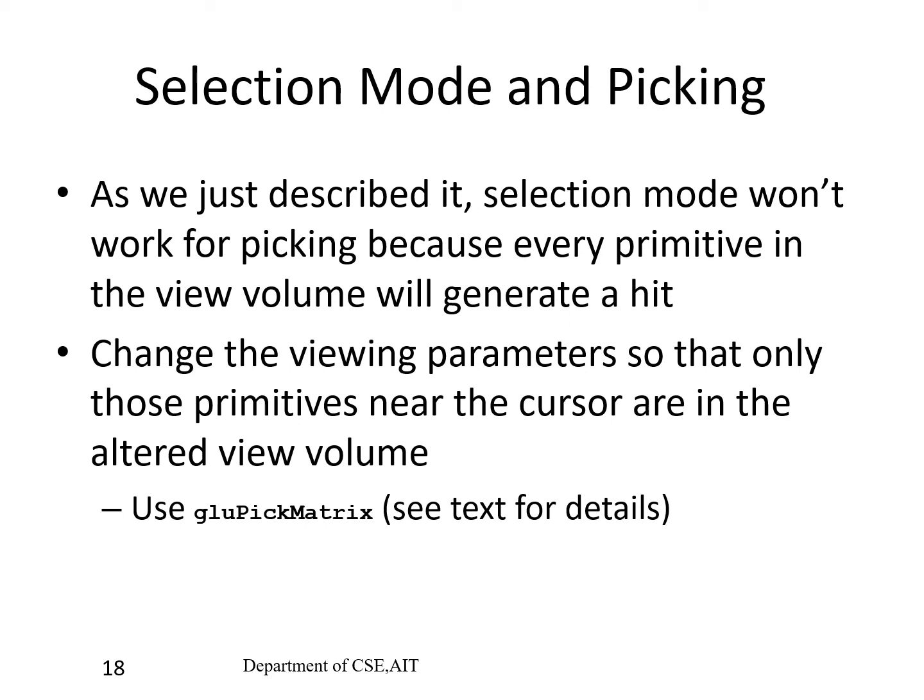Given the viewport, the location of the cursor, the size of the rectangle and the clipping window, we can find a new clipping window such that all the objects in the new clipping window are going to render into the full viewport, which is a difficult exercise, and this should be done by one particular API called gluPickMatrix. This is applied before glOrtho2D when we are in the selection mode.